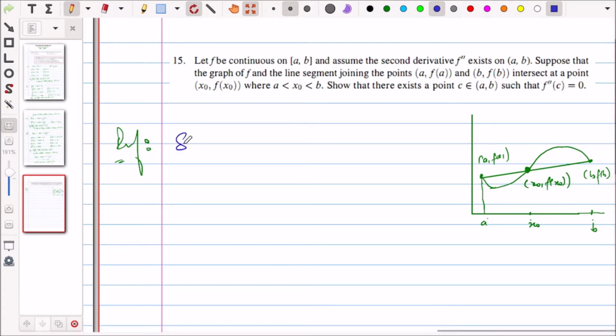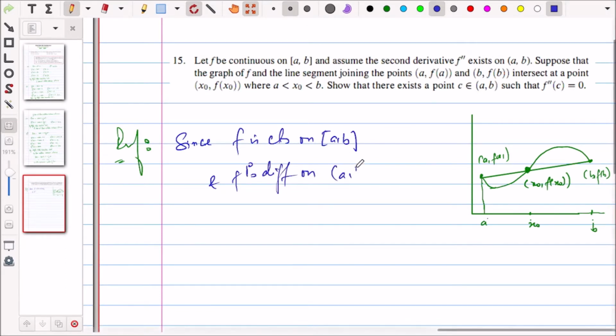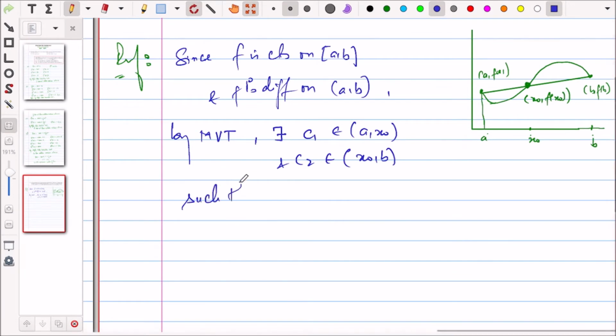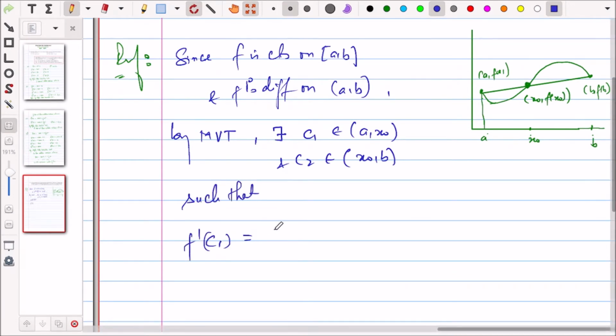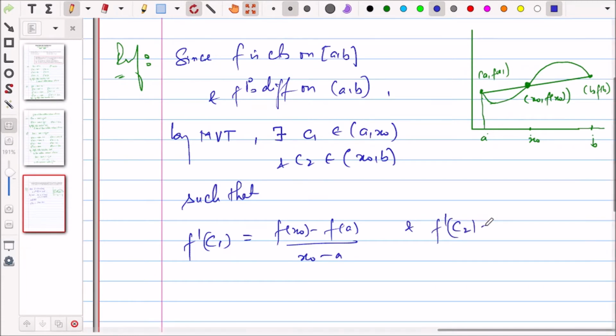So since f is continuous on the closed interval [a, b] and f is differentiable on the open interval (a, b), by the mean value theorem there exist c1 belonging to (a, x0) and c2 belonging to (x0, b) such that f dash c1 is equal to (f(x0) minus f(a)) upon (x0 minus a), and f dash c2 is equal to (f(b) minus f(x0)) upon (b minus x0).